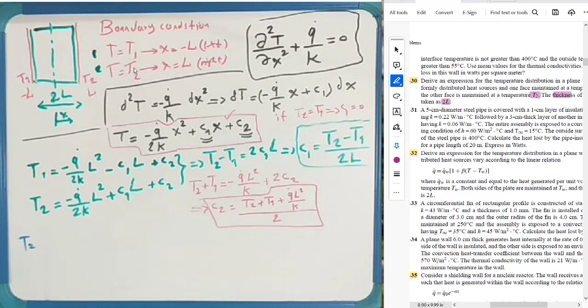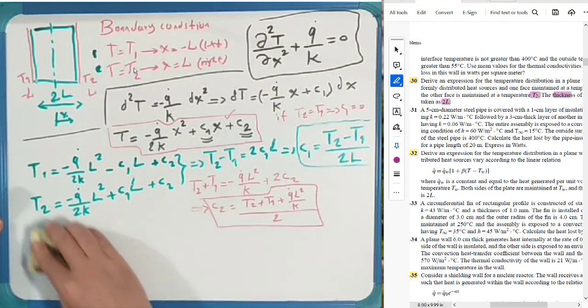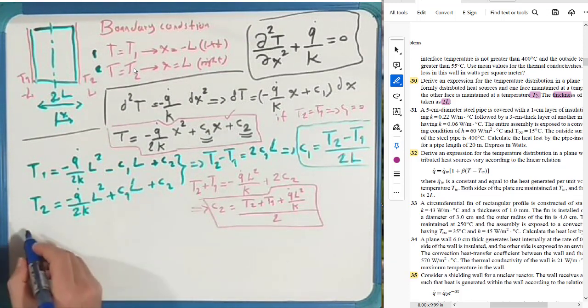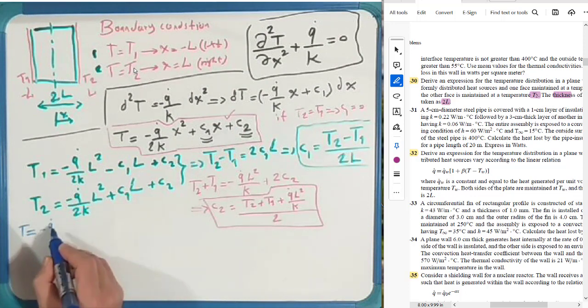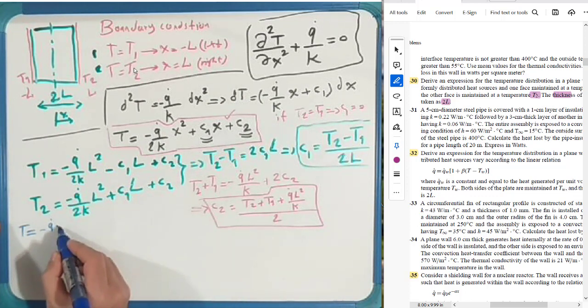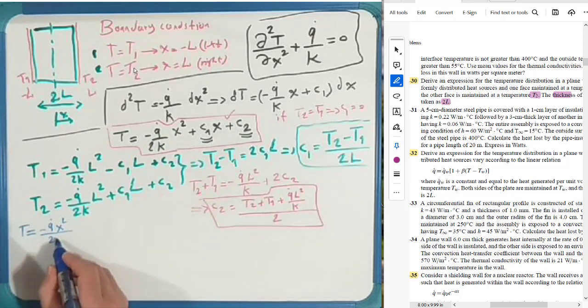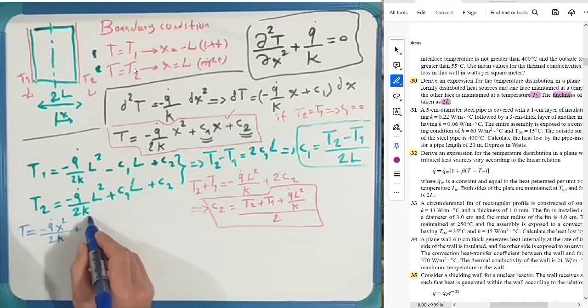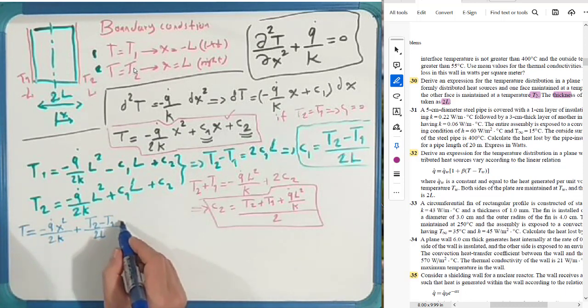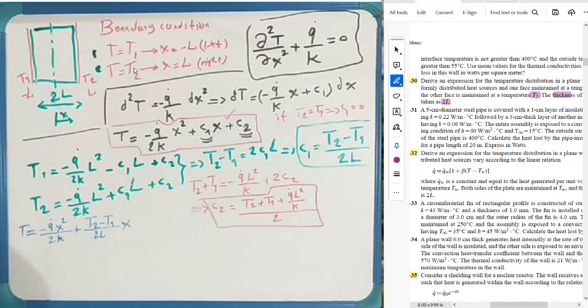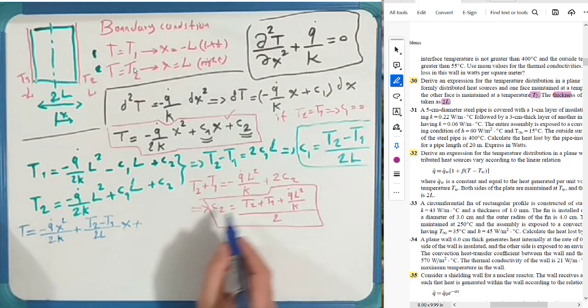T equals minus Q dot x squared over 2K, plus T2 minus T1 over 2L times x, plus C2, which is this one.